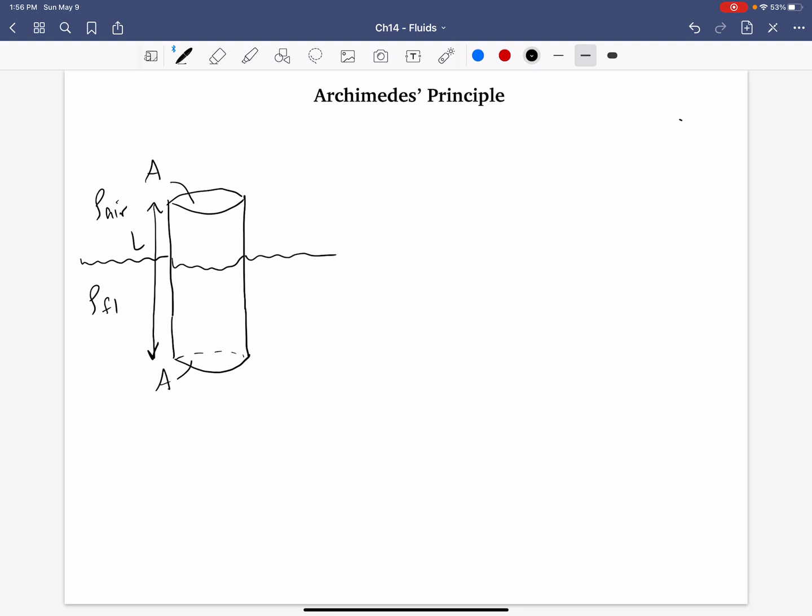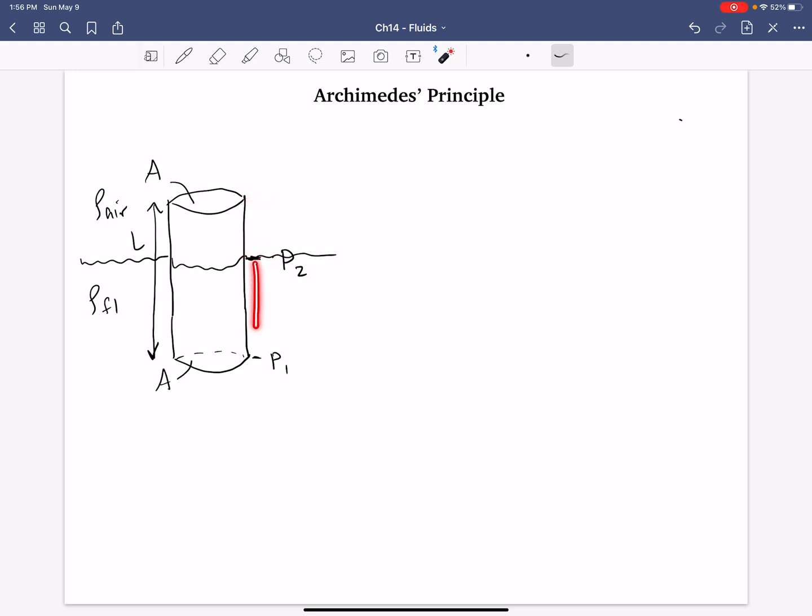All right, one more thing to clarify before we actually start. This point down here will be some pressure P1, right? And I'm going to talk about the pressure at the boundary between air and fluid. So this is at pressure P2, right up here. I'm not going to deal with the difference in pressure between the very top and the surface.